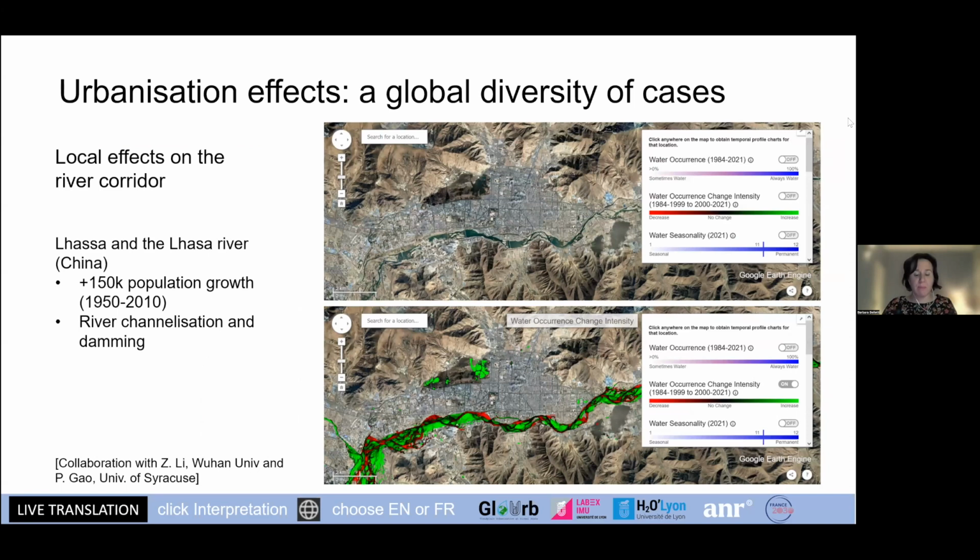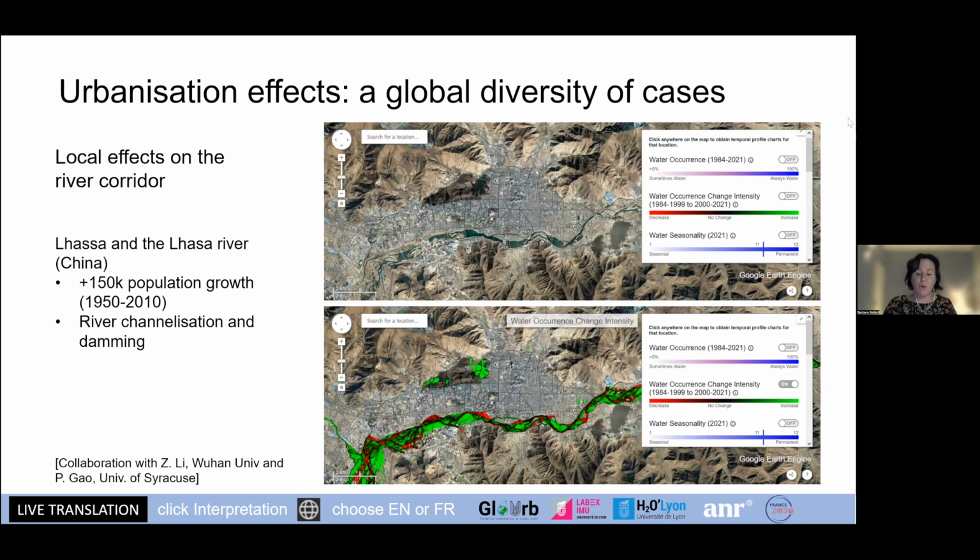This was the basis so that we can characterize the 300 cities, and then we were able to understand the impact of urban growth, and therefore we could put forward the fact that there is a diversity of cases, which was not obvious initially.